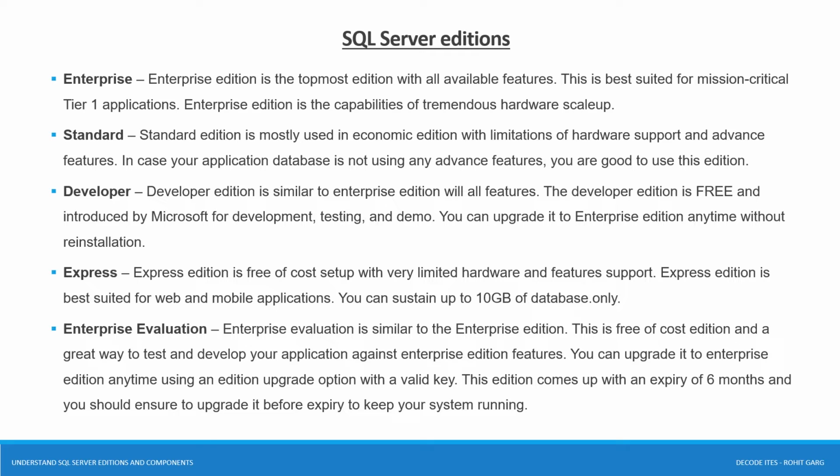The first one is Enterprise Edition. Enterprise Edition is the topmost edition with all available features. All the advanced features, and whatever features will be in this version, will be a part of Enterprise Edition. This is best suited for your mission critical tier 1 applications. Enterprise Edition is capable of tremendous hardware scale up.